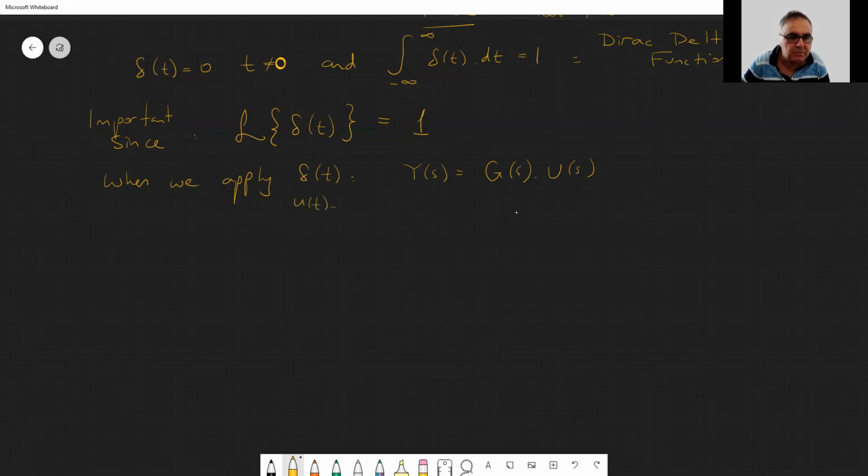And since this is 1, this is simply g of s. The output is simply the transfer function itself.